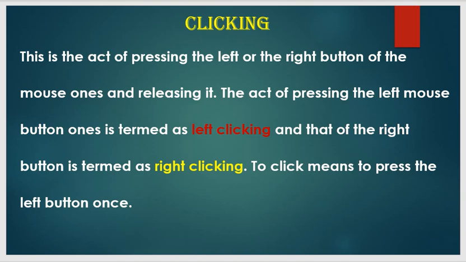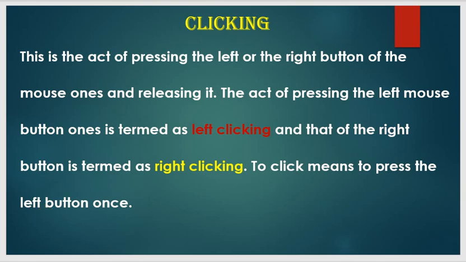The act of pressing the left button once and releasing it is called left clicking. And the act of pressing the right button once is also referred to as right clicking. But when someone tells you to click, the person is actually telling you to press the left button once and to release that button.